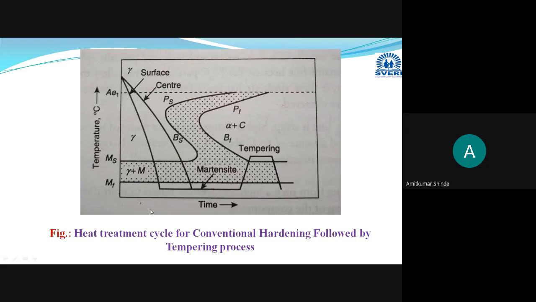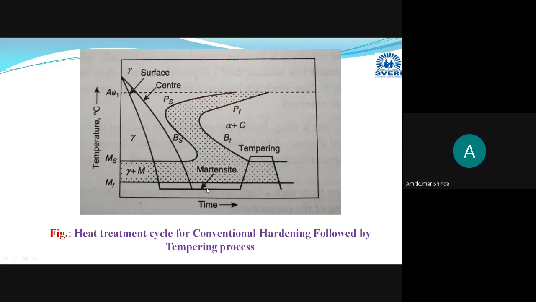The critical cooling rate is the cooling rate which just touches this nose, and you have to do faster cooling, before this point. Different cooling rates you can use, and you will end up with the martensite phase here. Okay, at the end martensite will be obtained.